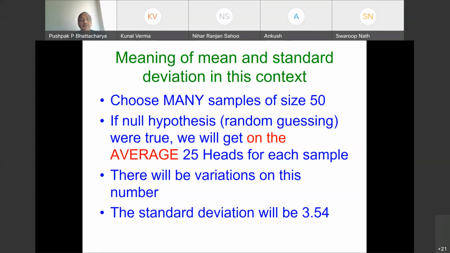There will be sometimes 25, sometimes 24, sometimes 27. Okay. So these many heads will appear in different samples of size 50 each. There will be some variation, and we know that the standard deviation is going to be 3.54. This is as per the Bernoulli binomial distribution. So those results we can revise later.